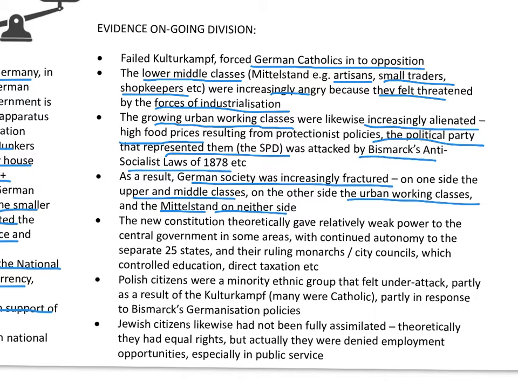Other points. The new constitution, the Imperial Constitution of 1871 that created Germany, gave relatively weak power to the central government in some areas. What it did do is it gave continued autonomy to the separate 25 states and their ruling monarchs, or three of them, remember, were city councils. And remember, it was a federal structure, so the 22 monarchs and the 22 city councils had their own governments and their own parliaments that passed their own laws on matters to do with education, for example.